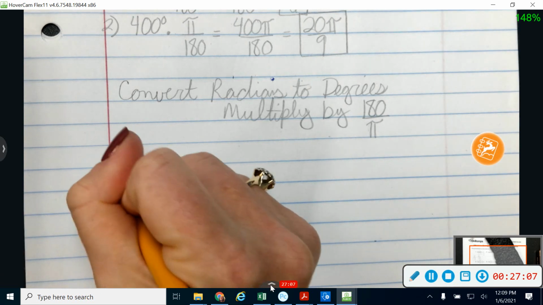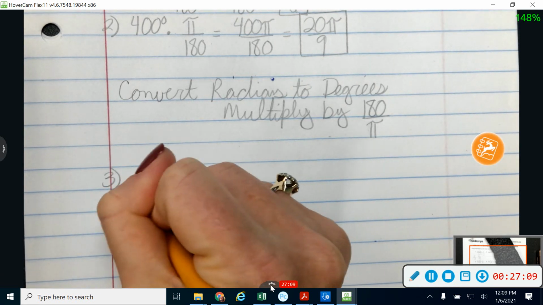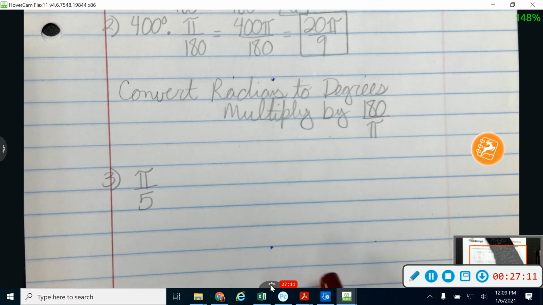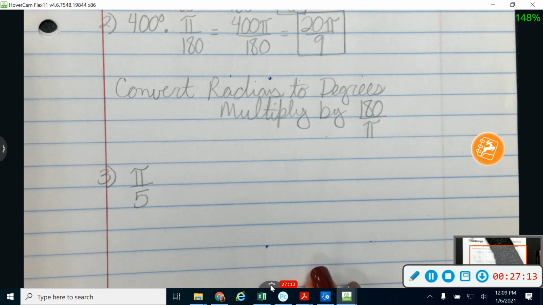Let's say that we're working with pi over 5. The way that I remember which way to go is, if I'm trying to get to radians, I want pi to be in my numerator. If I'm trying to get to degrees, though, I want pi to go away.